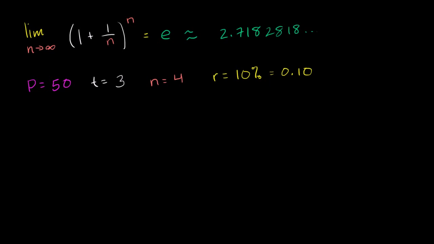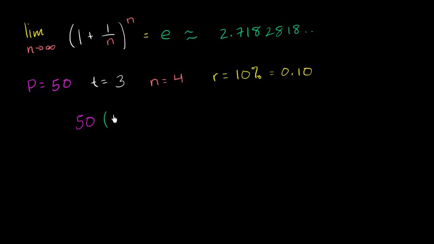Let's write it out. $50, that's your principal, and you're going to multiply that. So you could compound it each period. You have 3 years, each of them divided into 4 sections, so you're going to have 12 periods.